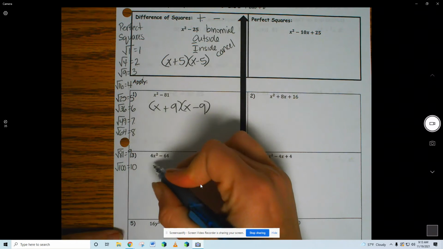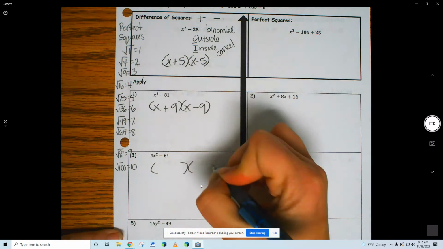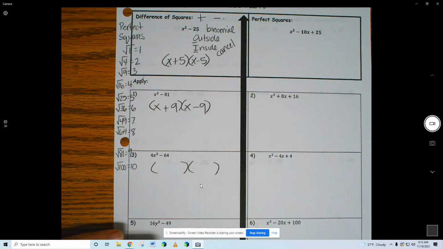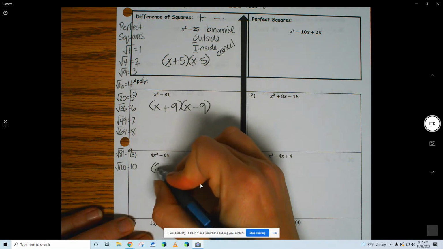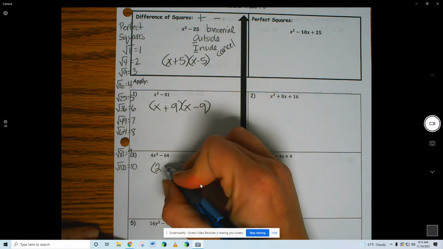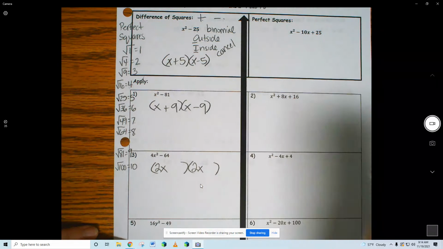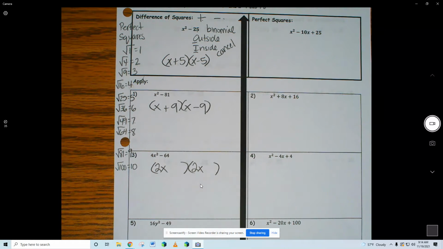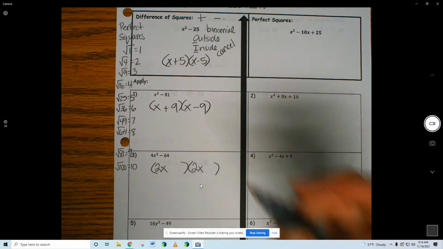What numbers make 4? I'm on number 3. Remember, I'm only doing the left side of the black line. 2. I'll go slower. 2 times 2. What makes x squared? X times x. Obviously, my first in parentheses needs to be 2x squared. Or 2x times 2x. What makes 64? 8 times 8.